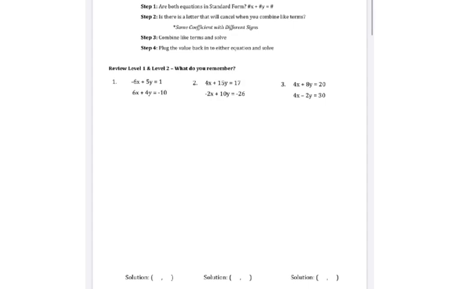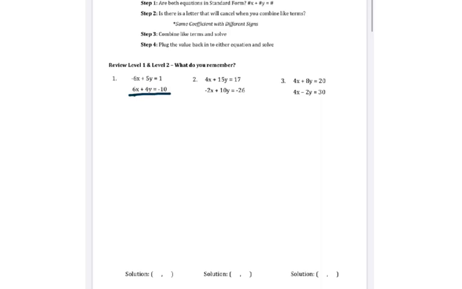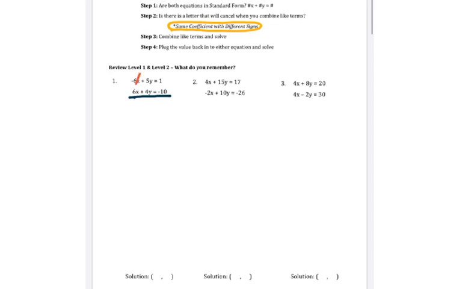In the first one, we have two equations. When we look at these equations, we're looking for a letter that has the same coefficient but different signs. So when we look at this here, the x has a 6 in both of those terms, and they have opposite signs.